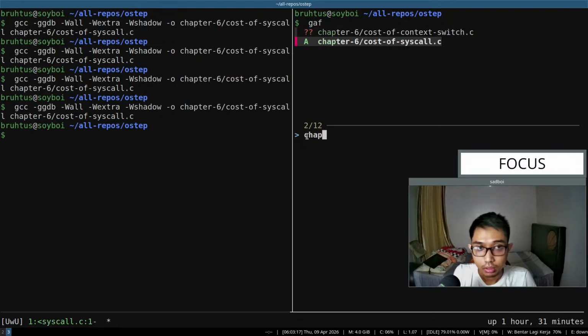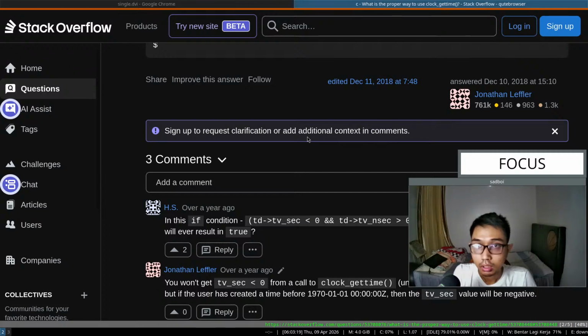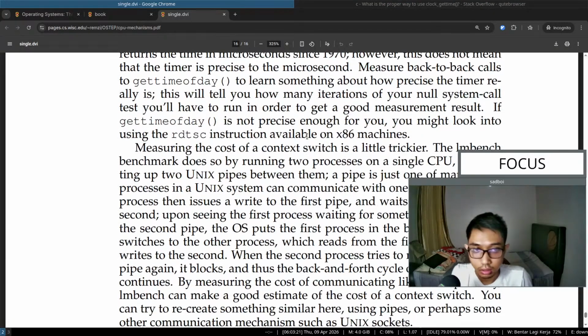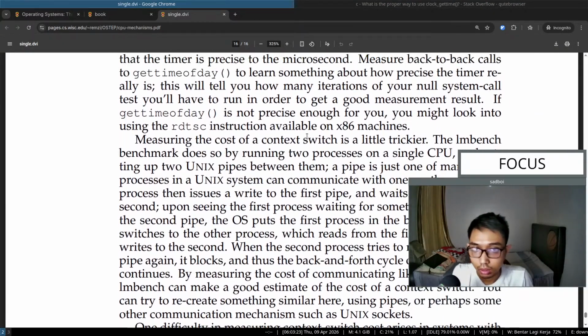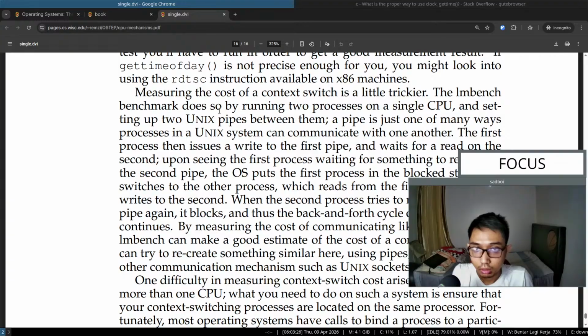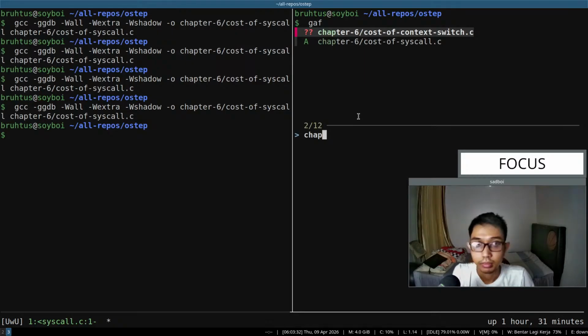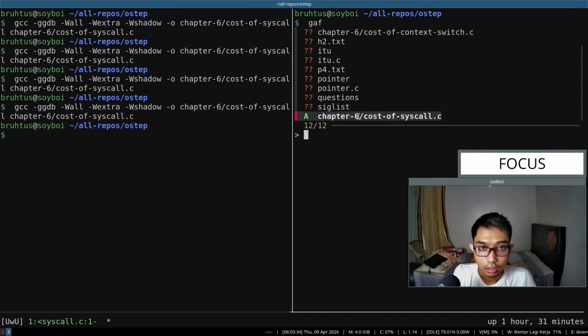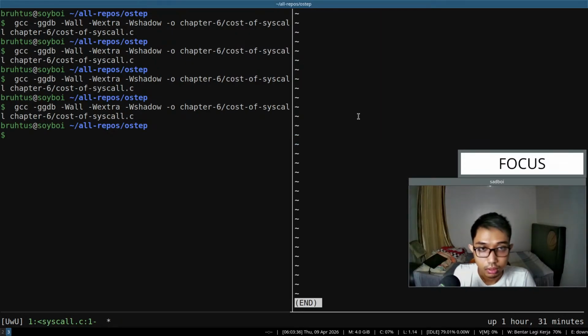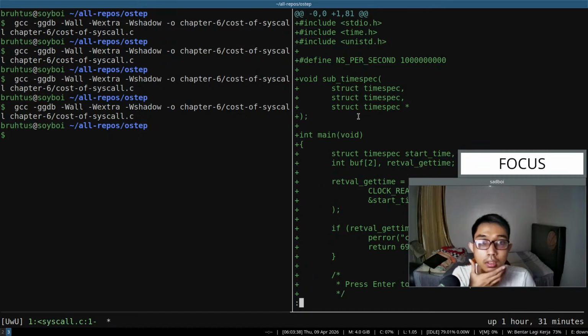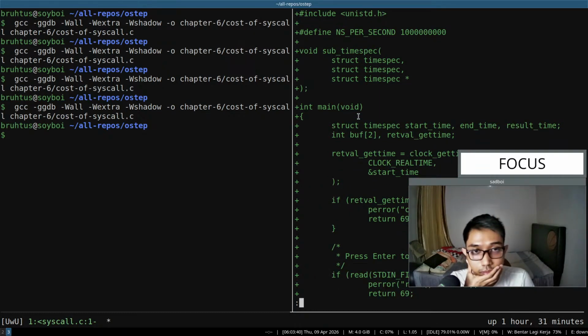Yeah, we haven't got into, we haven't tried out this one, measuring the cost of context switch. Yeah, let's commit this first. Okay.